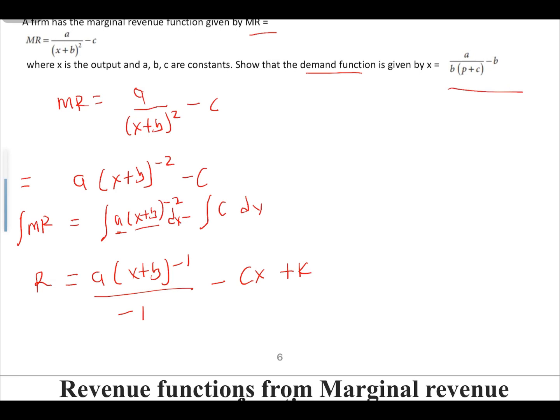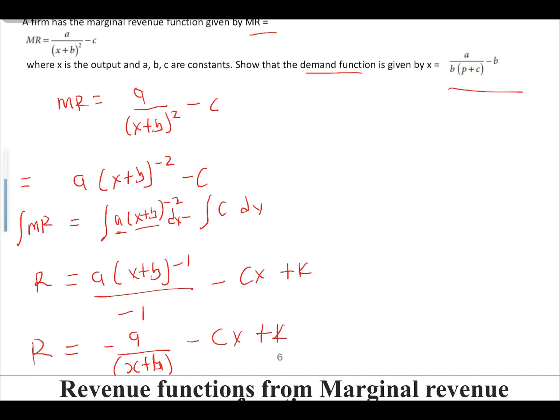So our revenue function is equal to negative A over (X plus B), because bringing the power negative 1 down gives X plus B to the positive 1, then minus Cx plus K.